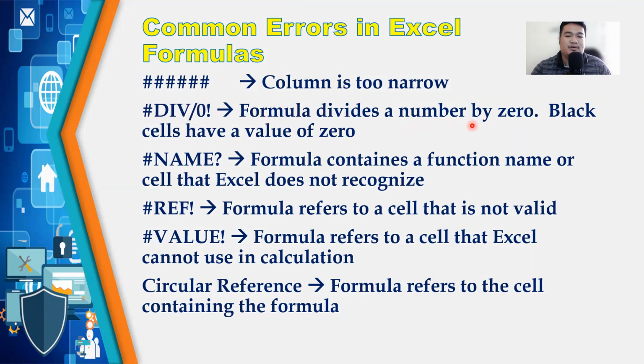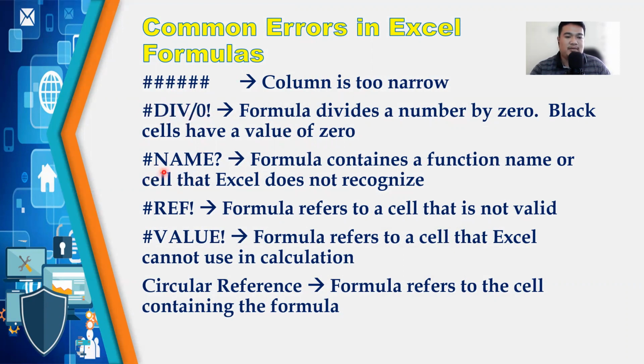Formula divides number by 0. Blank cells have a value of 0. So, it's a common knowledge that you cannot divide by 0. So, kung nakita nung Excel na ganon and you are using maybe a division operator, it will return an error value.